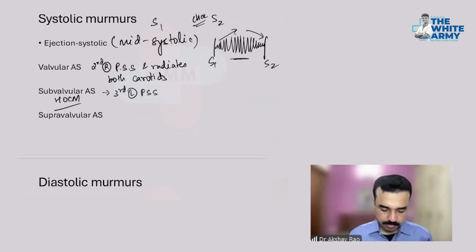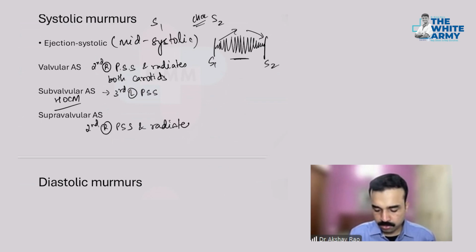Supravalvular AS is again best heard in the second right parasternal space, but radiates more to the right carotid than the left carotid. This is due to something known as Coanda phenomenon.